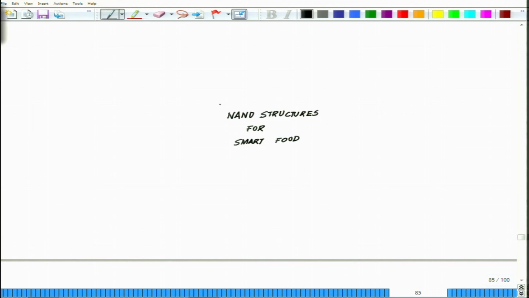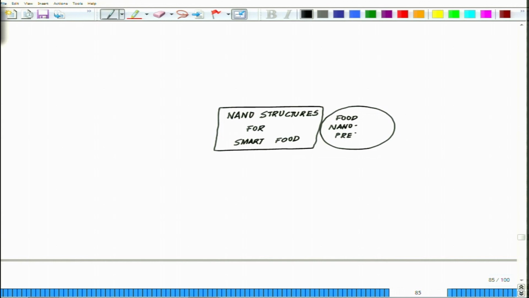These are the two aspects we are going to delve into.